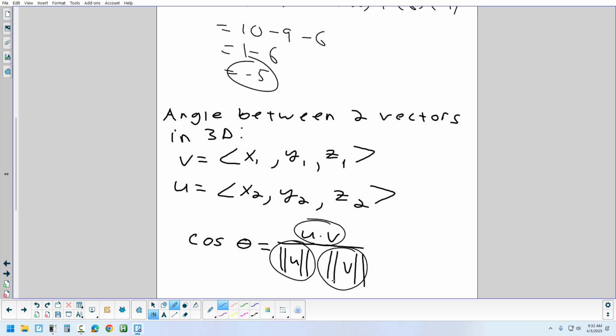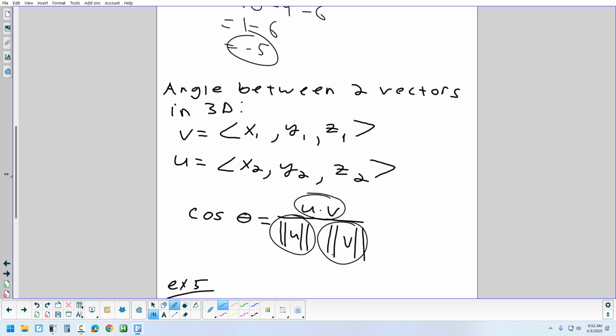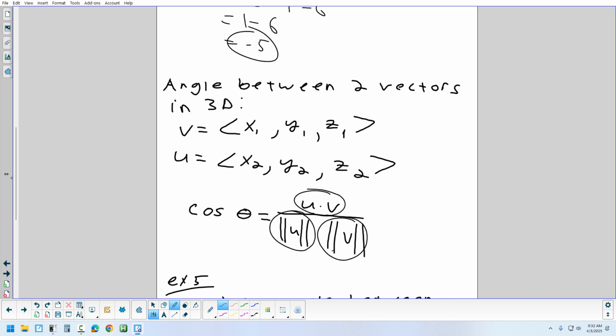Yep. Also, it's all numbers, so you don't have to add a third value to it. It's just numbers, taking the numbers from each one that you get. Yep, it's all numbers. There's no vectors in this formula. Number, number, number.